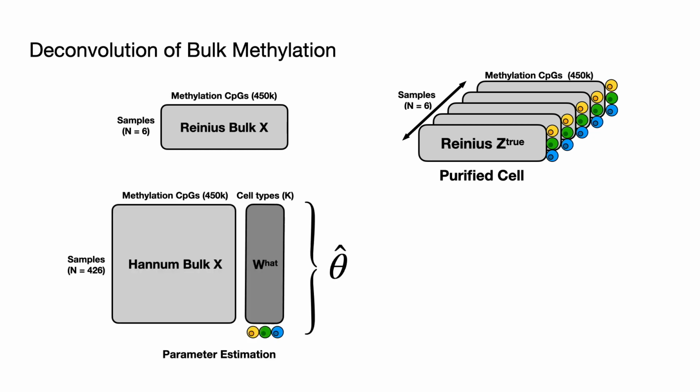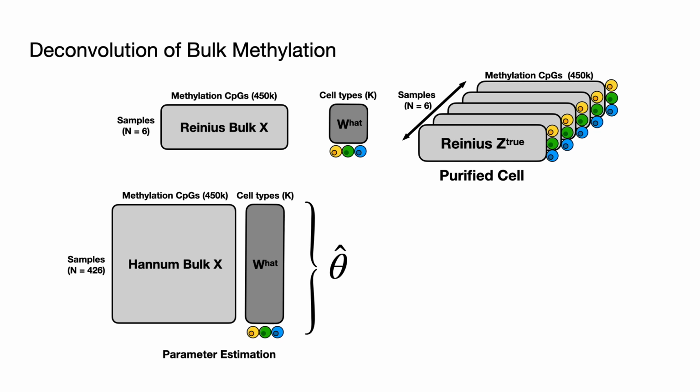So instead, we went to a larger dataset that has over 426 samples. We asked some decomposition method to give us an estimate of the cell type proportion W hat, and then we're going to use the bulk profile as well as the estimated proportion to learn the model parameters for TCAX in this larger dataset.